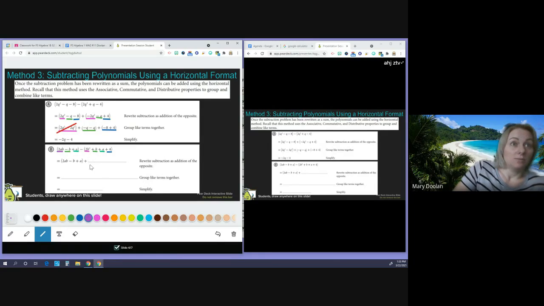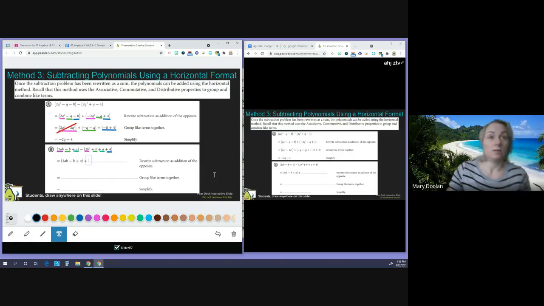So coming through with text, this is going to become negative 2b to the second power, minus b, minus a, minus 4.